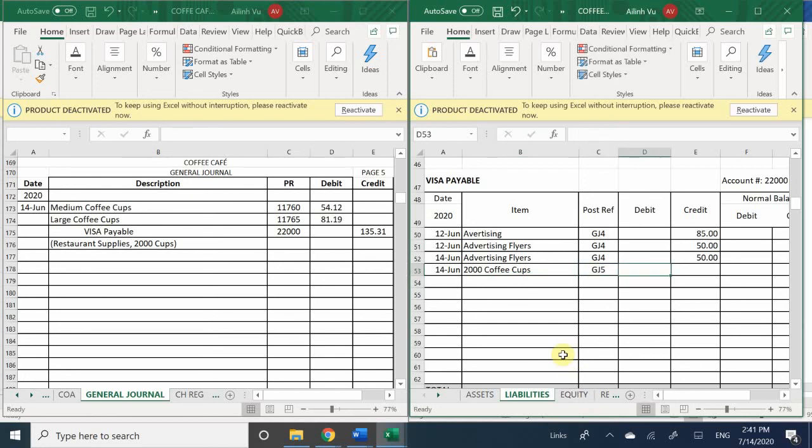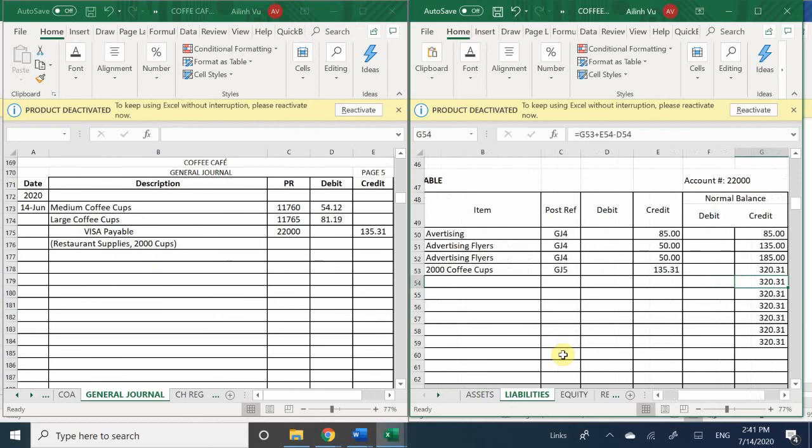And we increased our amount by $135.31. So we bought 2,000 coffee cups for a total of $135. That means my new balance total is going to be $320.31. That's a lot.